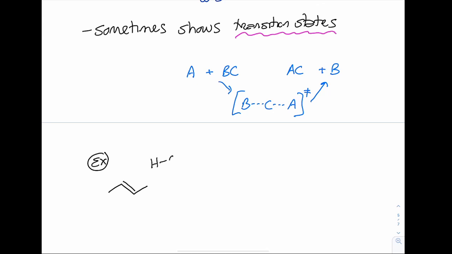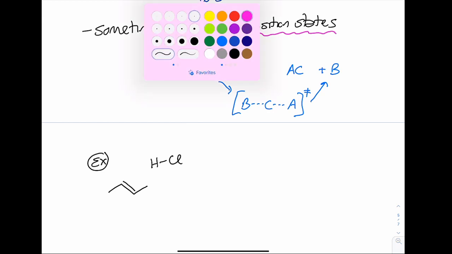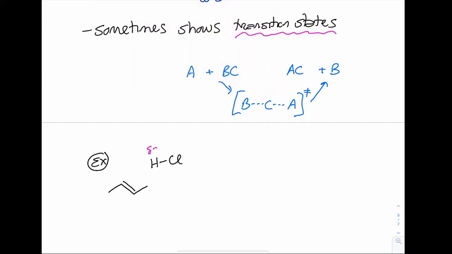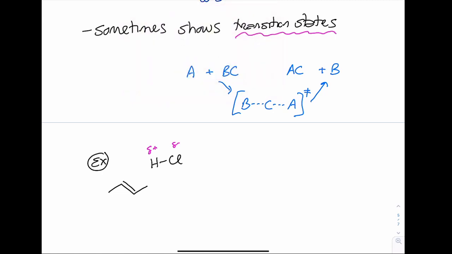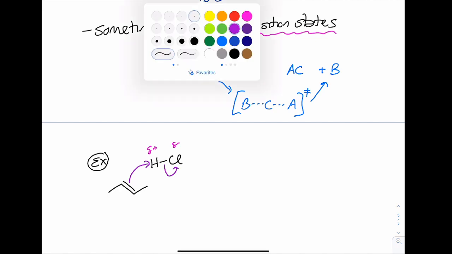So I'm going to have my hydrogen and my chlorine. My alkene is going to be my nucleophile. I know that this hydrogen is partial positive because of its polar bond to chlorine, so that hydrogen is going to be my electrophile. So those electrons are going to grab onto hydrogen, and then hydrogen can only have 2 electrons. So if we're going to form a bond to hydrogen, we have to break a bond from hydrogen, and those electrons are going to go onto chlorine.